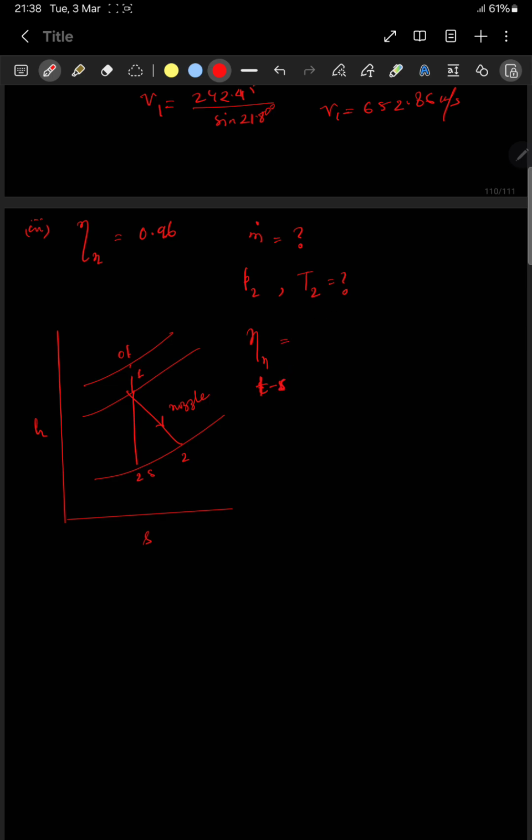Okay, so we have T01 minus T2 divided by T01 minus T2s.